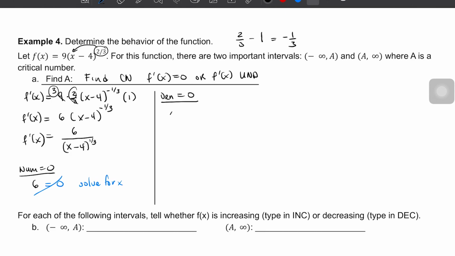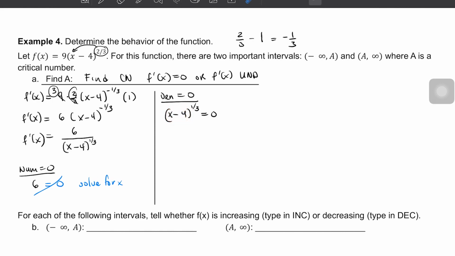So that will be whenever x minus 4 to the 1/3 is equal to 0. Now this is going to equal 0 only because you have an expression raised to a power. The power is not going to change whether this is going to be 0 or not. The only way this whole thing is going to be 0 is whenever the inside is 0. You know what I'm saying?